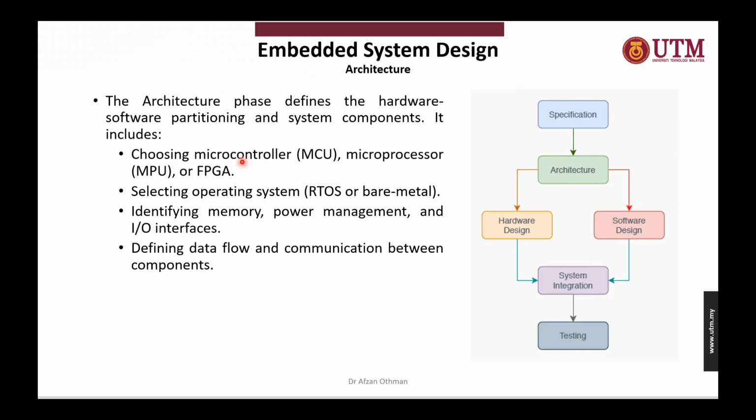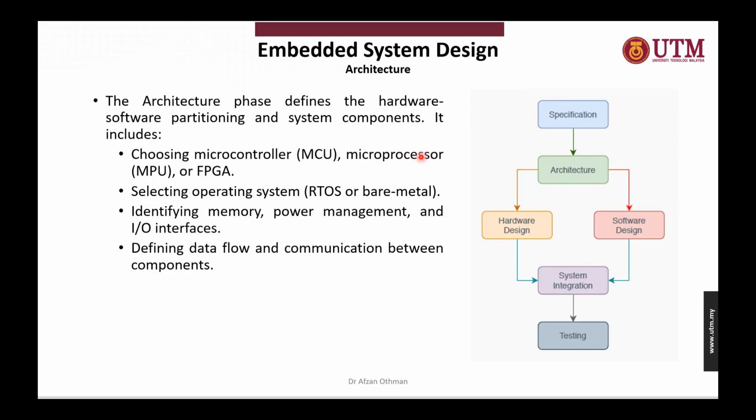We need the processor, the input-output devices, and memory. These three things are needed to make one complete computer system. For the microcontroller, all of these components are already inside one single chip. But the microprocessor unit only consists of the processor, only the CPU.